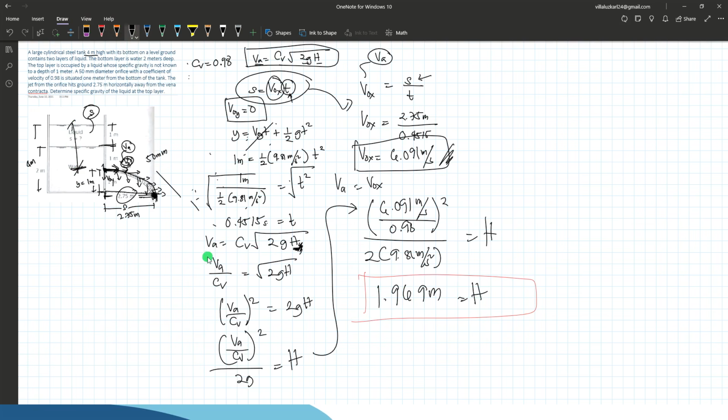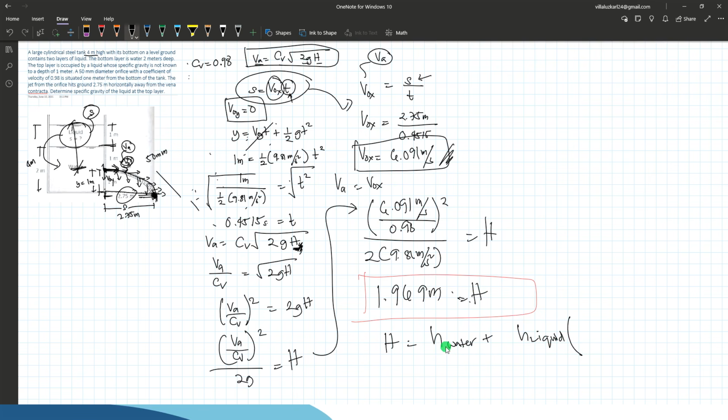Since we have different types of liquid, the head of this particular liquid, when we compute this H, is converted into water. The head of water is the head of that particular liquid converted by multiplying by the ratio of their specific gravity, or their unit weight.